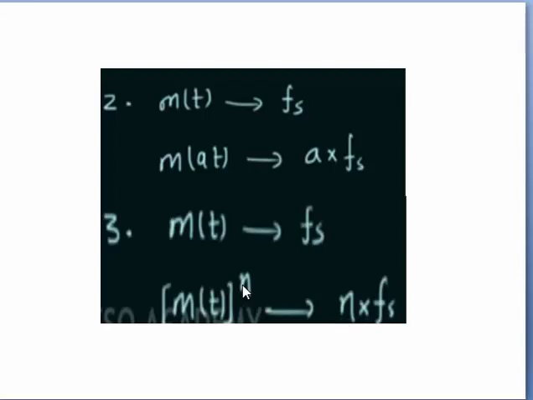Let us suppose n is equal to 2, then the Nyquist rate is 2 into Fs. Another example is if the value of n is 1 by 2, that means m of t raised to power 1 by 2, then its Nyquist rate is 1 by 2 into Fs.